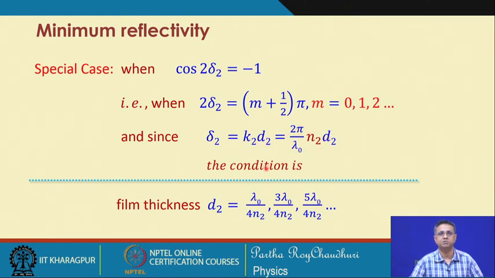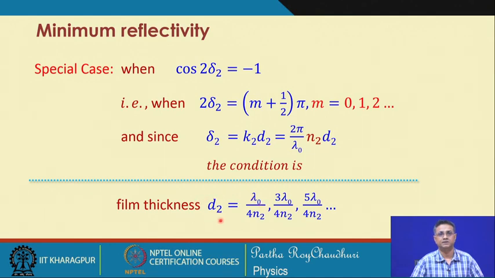This gives me the condition for cosine twice delta 2 equal to minus 1, as the film thickness d2 should be lambda by 4 times n2, 3 lambda 0 by 4 times n2, 5, all odd integers of the factor lambda by n2 for n2.